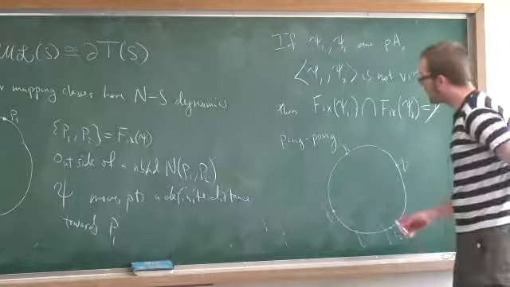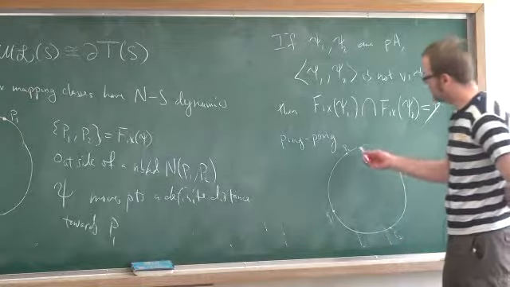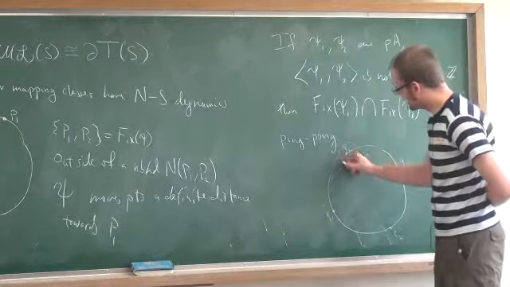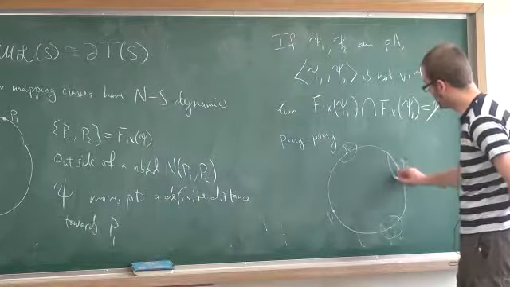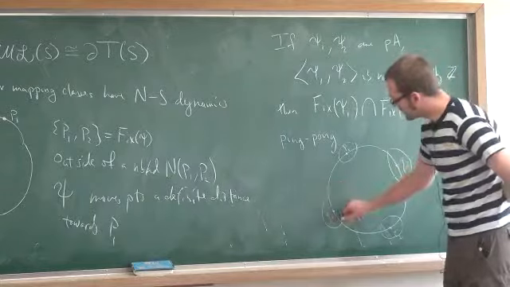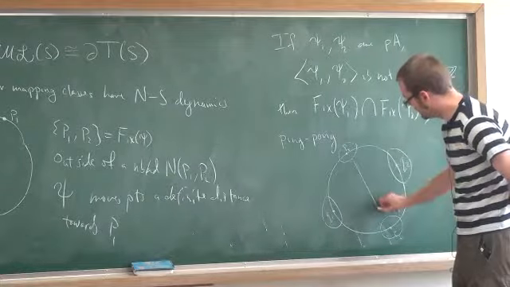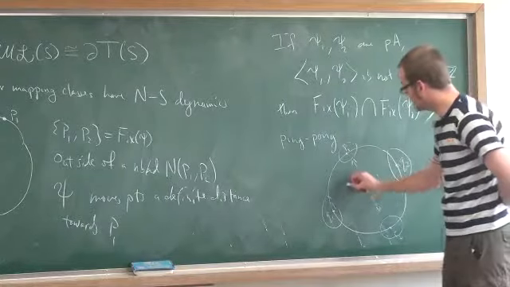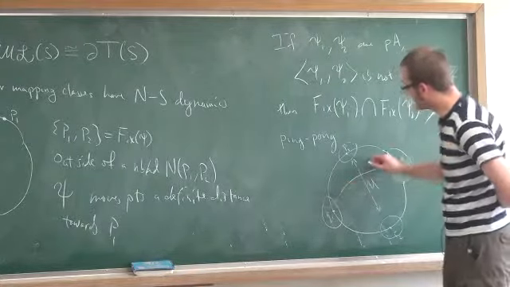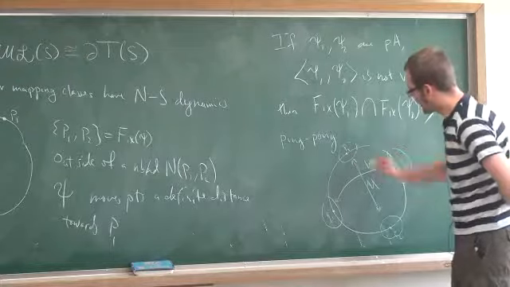Then what we can do is choose fixed neighborhoods of P1, P2, and of Q1, Q2. I'll call these two together capital U, and these two together capital V.